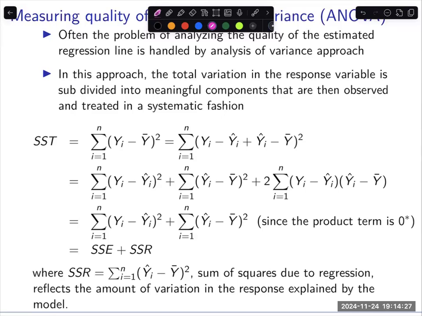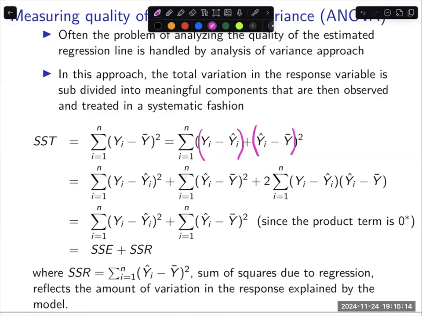We can decompose it in the next line, with the first term being the sum of yi minus yi hat squared, the second being the sum of yi hat minus y bar squared, together with the cross product term, two times the sum from i equals 1 to n of yi minus yi hat times yi hat minus y bar.